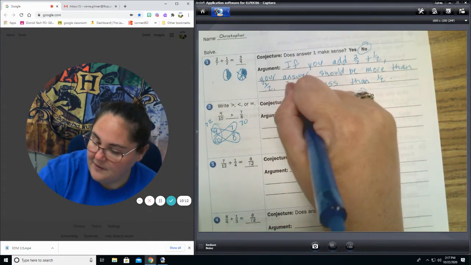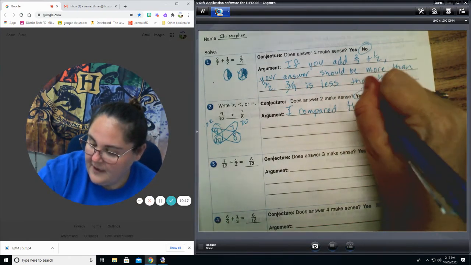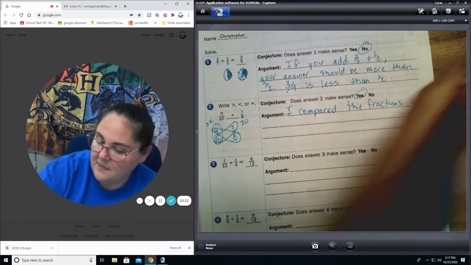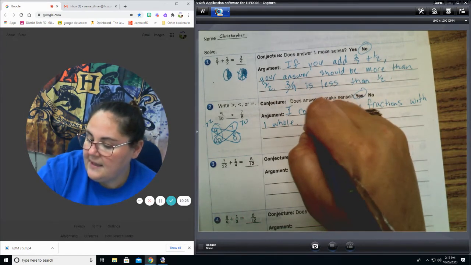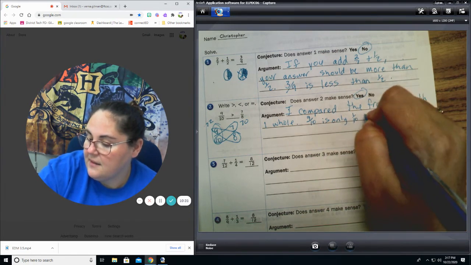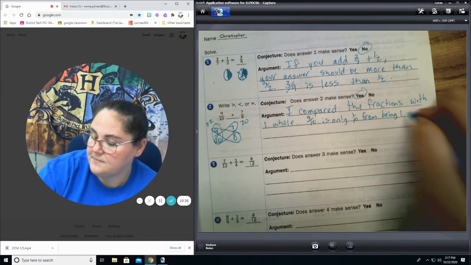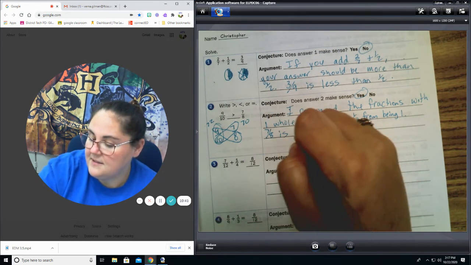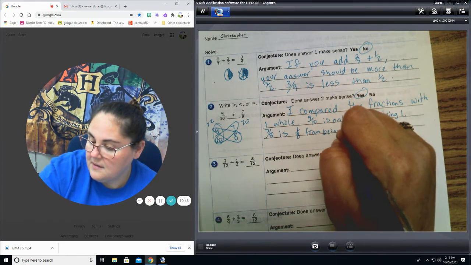I compared the fractions with one whole. 9/10 is only 1/10 from being 1. 7/8 is 1/8 from being 1.